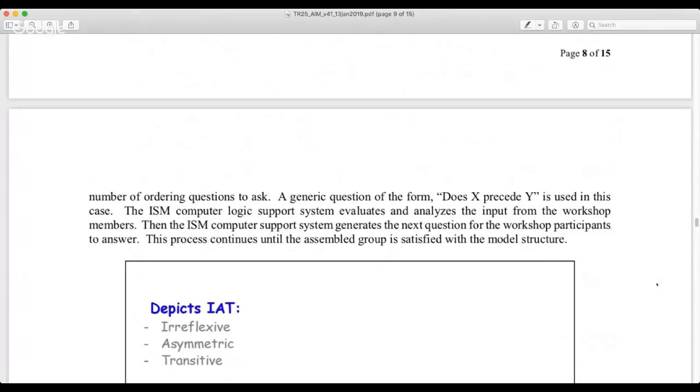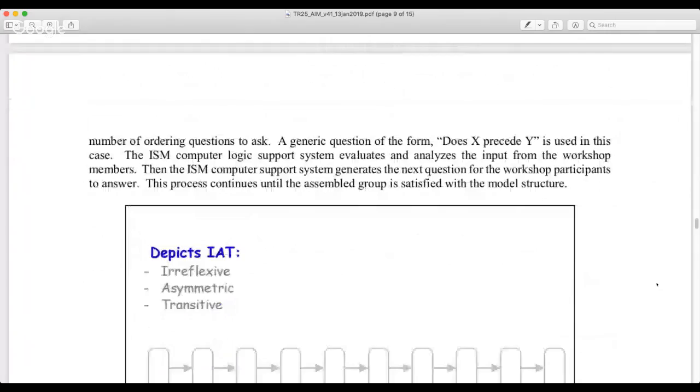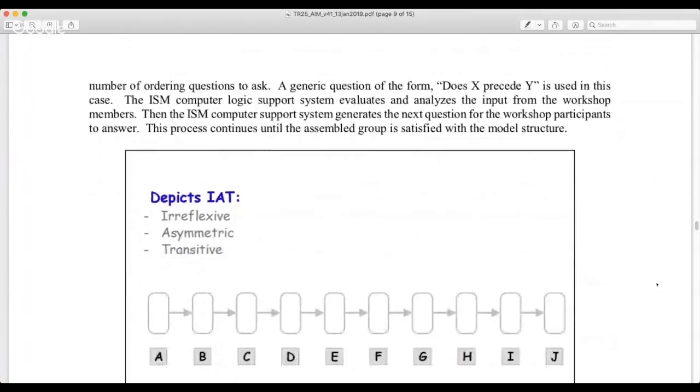But what happens here, of course, is in the original generic question form, does X precede Y when you're looking at precedes? Well, precedes is irreflexive, asymmetric, and transitive.